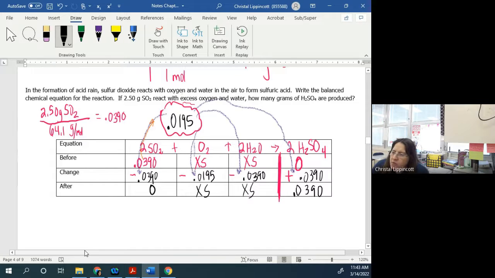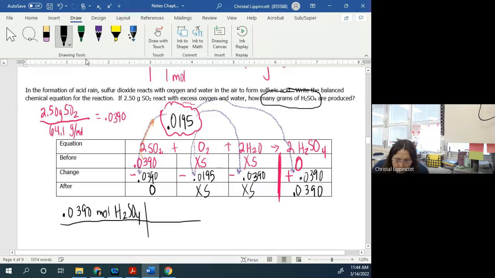This is moles. They wanted to know grams. So we've got to take this value here, that's moles of H2SO4, and put it into my lovely dimensional analysis.